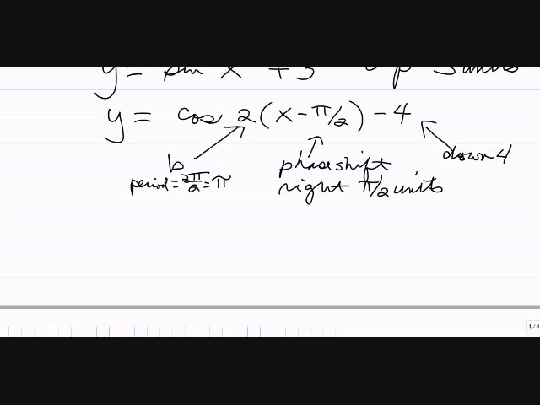Okay, let's try a few examples. We'll start off kind of easy. My first graph I'm going to do is y equals the cosine of x plus 5.